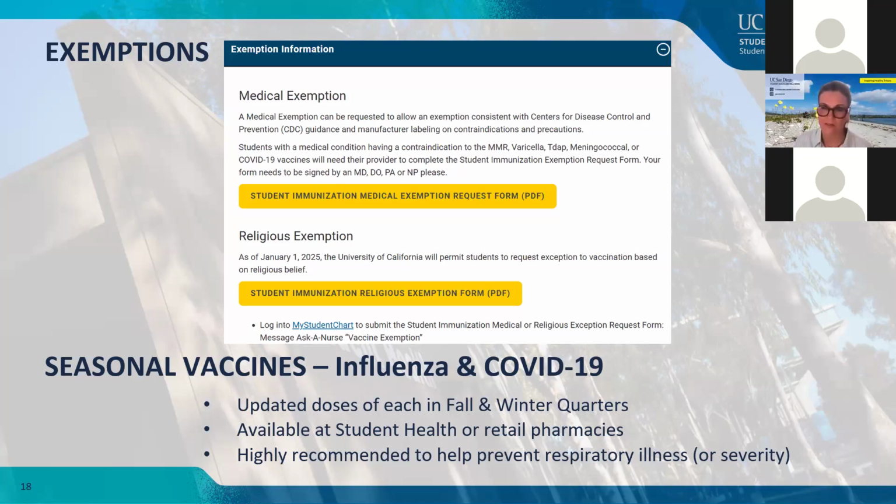These vaccines are available in the fall in the US, and we have updated doses, generally speaking, every fall, and we have these available at Student Health in a fast track clinic, so you can make a quick appointment and come and see us and get that done, or retail pharmacies have them, or your own healthcare providers. So there's lots of options, and we really do encourage and urge students, and many people do get those vaccines.